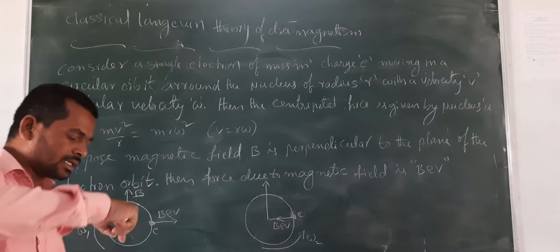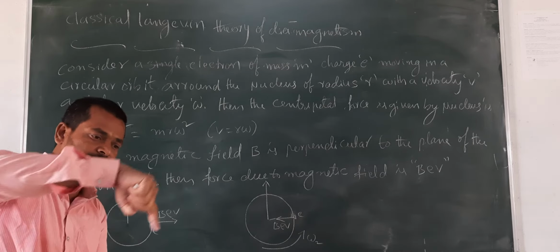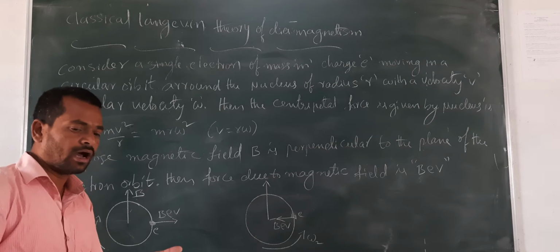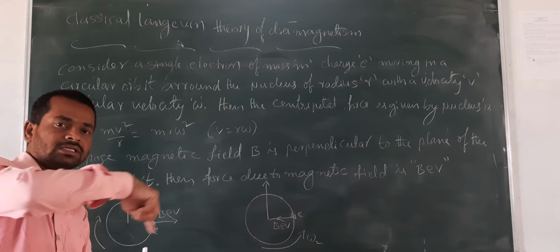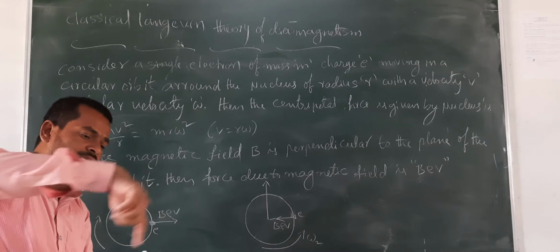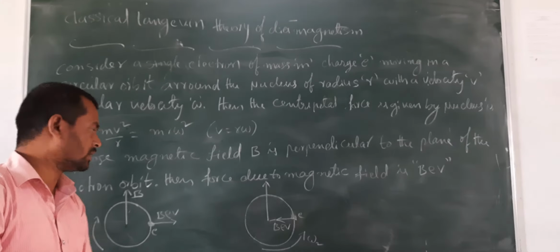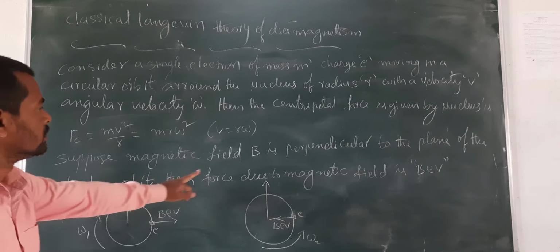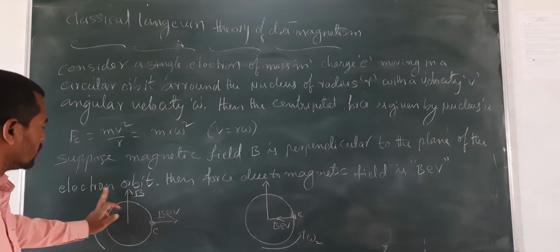The field is applied upward, while the electron revolves in this direction, so the field is perpendicular to the plane. The plane means this electron orbit.